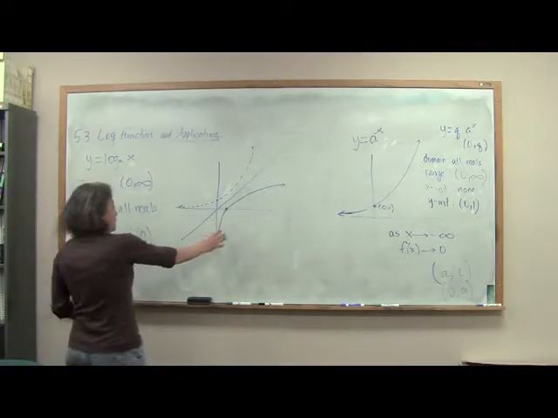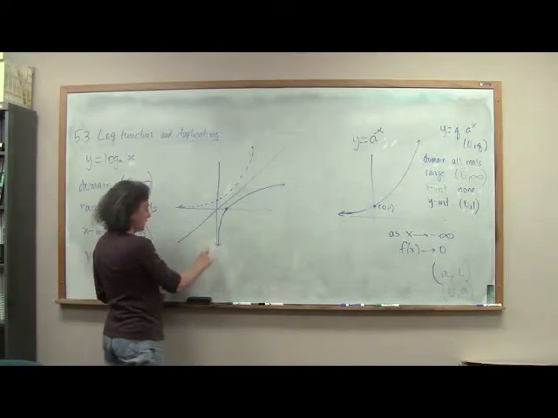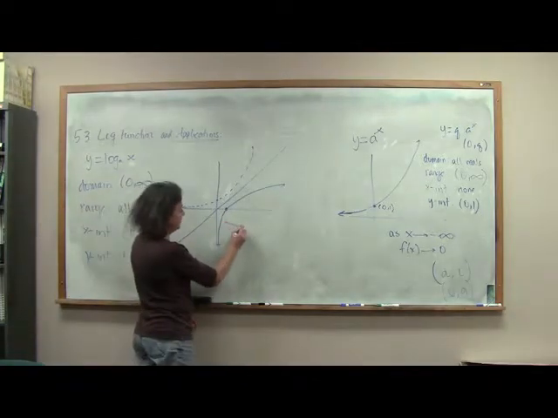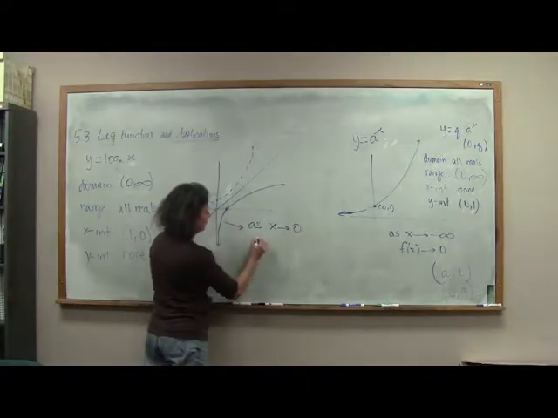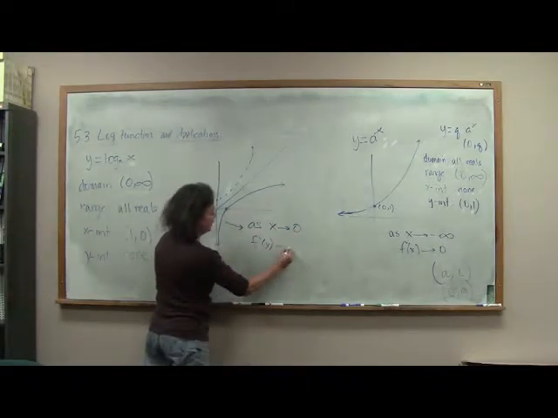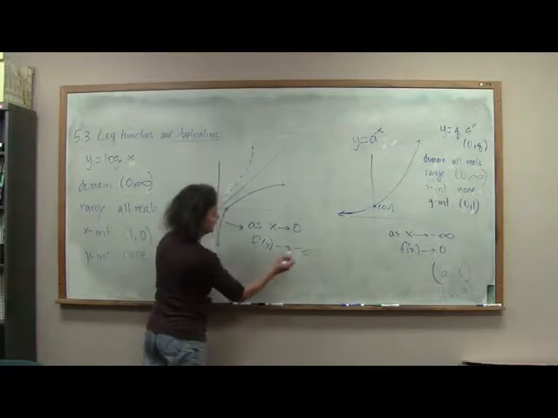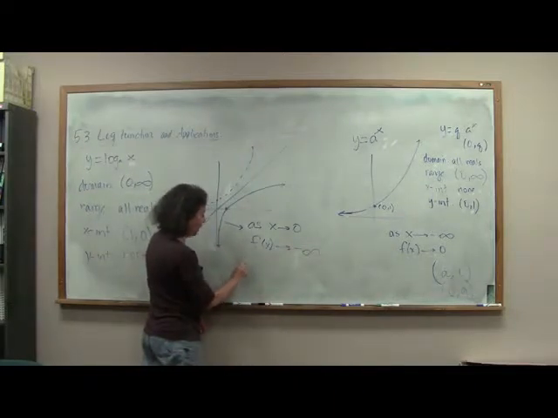So, the last comment that I want to make is, notice here, as x goes to 0, my function goes to negative infinity. We call that a vertical asymptote.